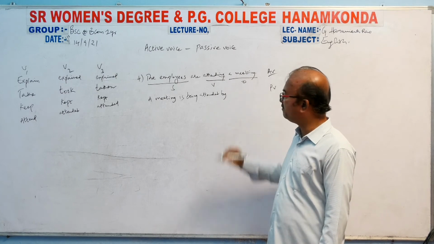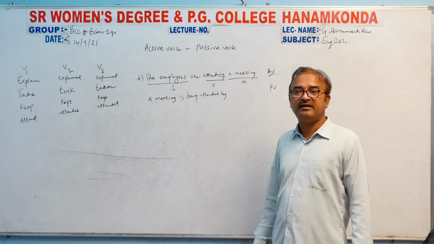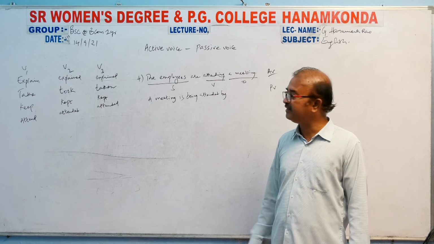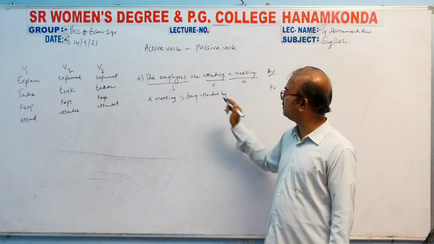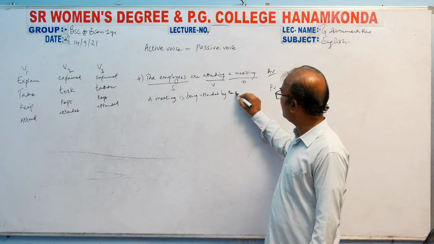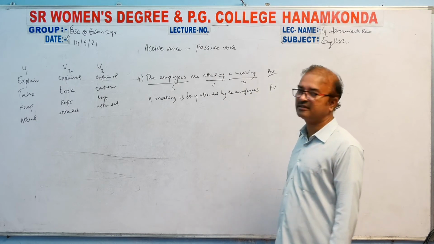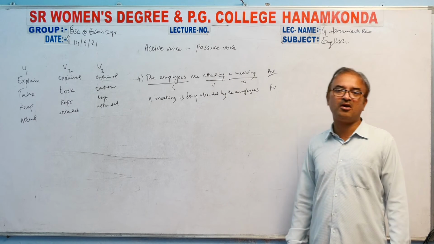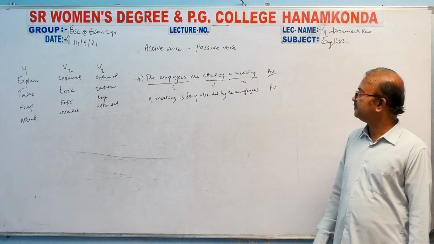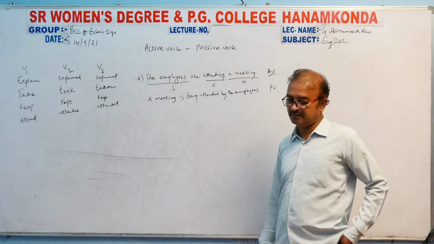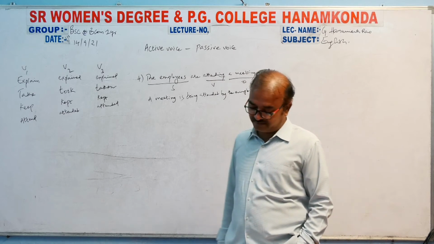You have to use the preposition by. A meeting is being attended by whom? The employees. A meeting is being attended by the employees. Right? So next one.